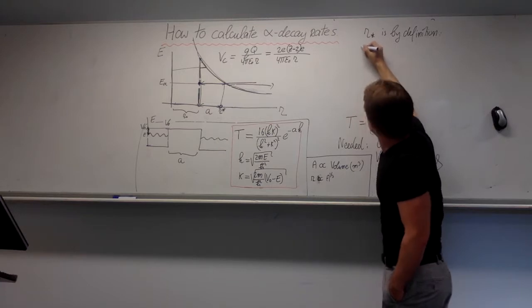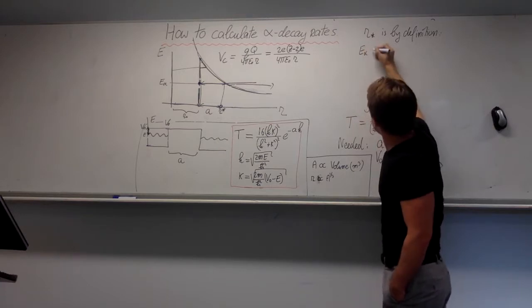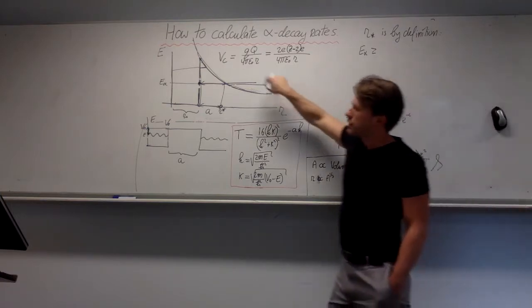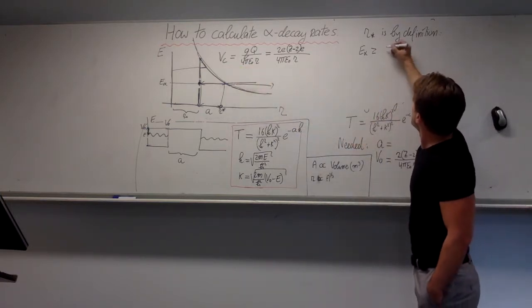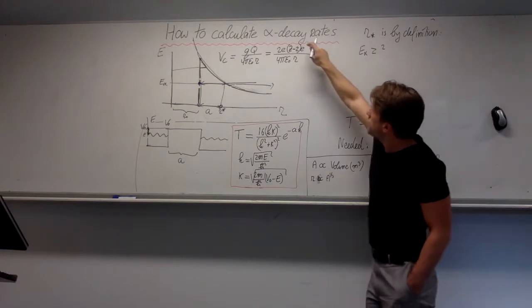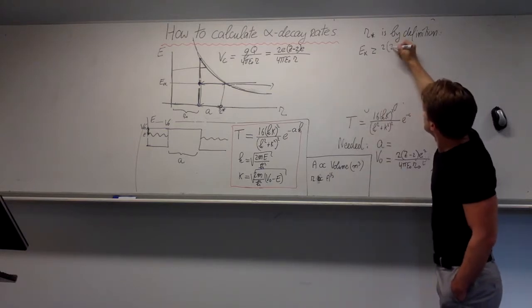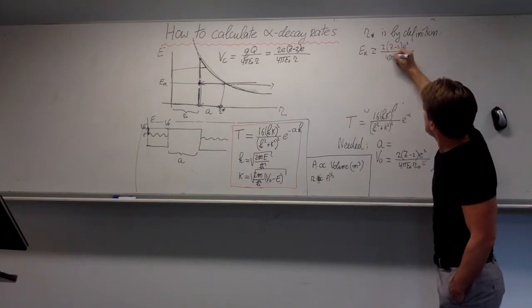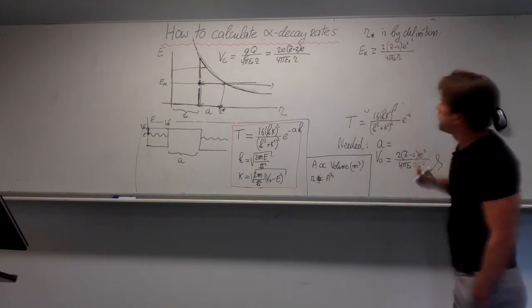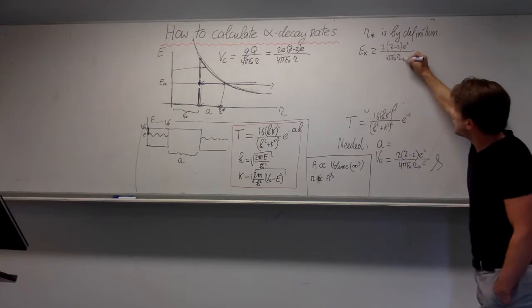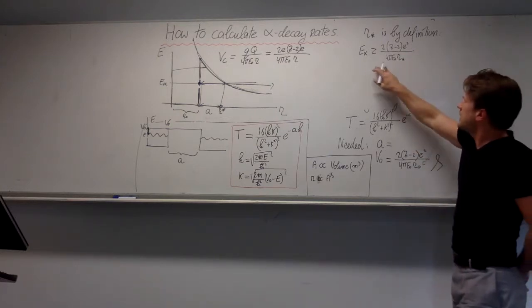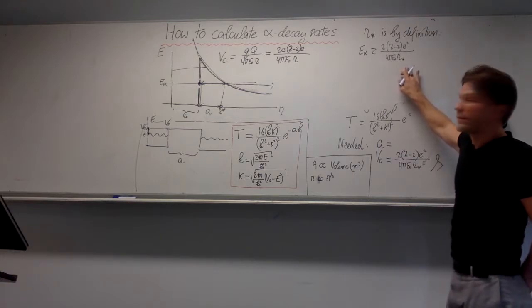It is the moment that E alpha is greater than or equal to the Coulomb interaction. We already had an expression for the Coulomb interaction. There it is: 2 times Z minus 2, times e squared, divided by 4 pi epsilon 0 r. Please note, this is now going to be R star. There you are. And of course, what it says here is the moment that it has left the barrier.